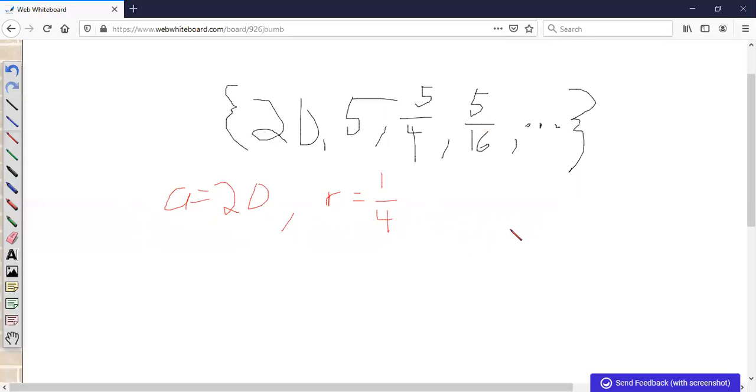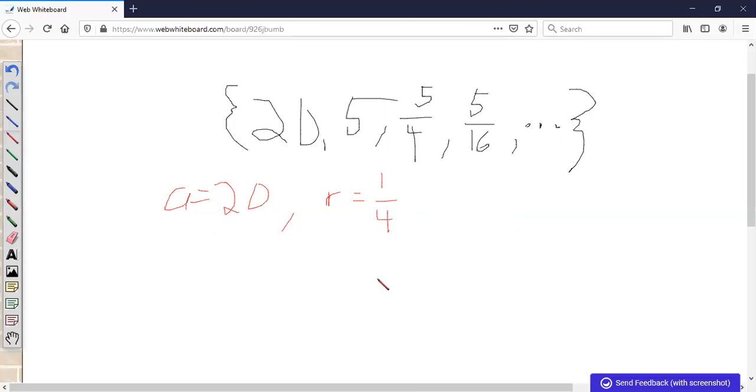Recall, in the words of my old Russian math professor, who I quite like to quote, in math we do not divide things. So once again, we're not really dividing by 4 so much as multiplying by 1/4. So R here is 1/4.